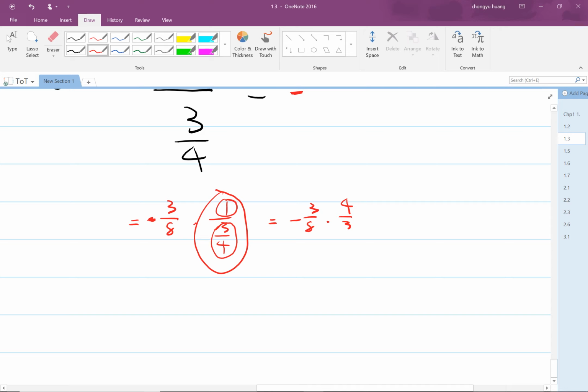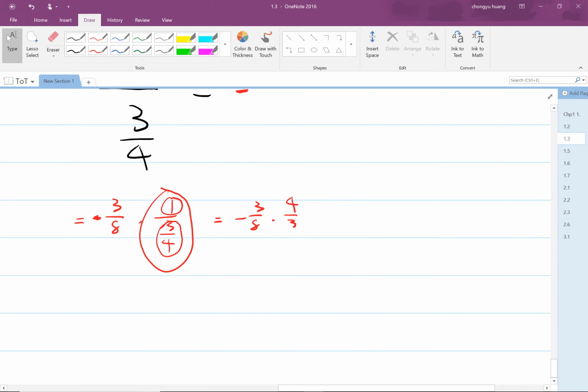So 3 over 4 becomes 4 over 3. That's how you do it. So now things just become easy, right? As I mentioned before, you can actually cancel it, right? And then 4 you can cancel, and 8 becomes 2, because 8 is equal to 4 multiplied by 2, right? So the answer is -1 over 2.